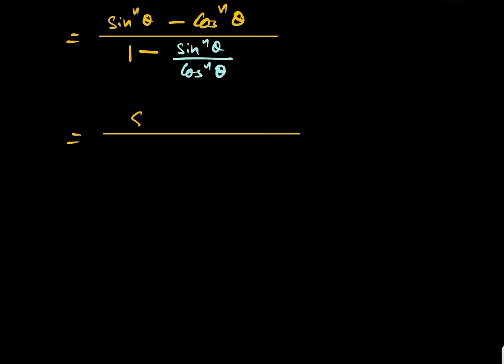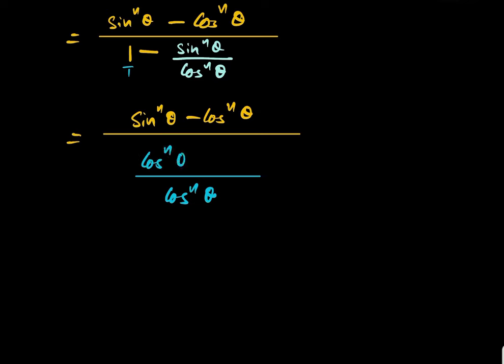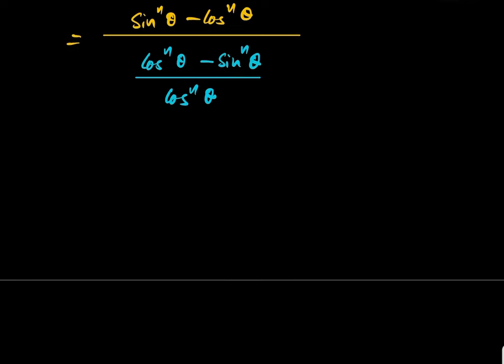So you still have sine of n theta minus cos of n theta there. And then this one, that's where you need to take the LCD. So that is going to be cos raised to the nth power. Remember here it's over 1, so 1 times cos to the n of theta, minus this into that, which is 1 times that, a negative sine of n theta, just like that.